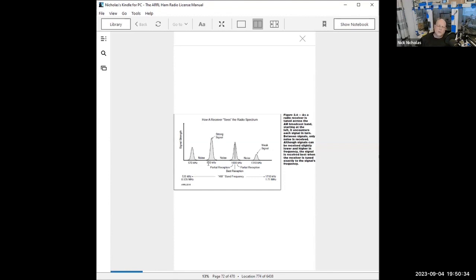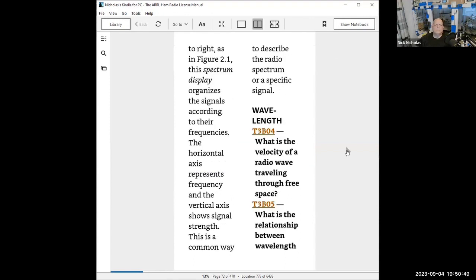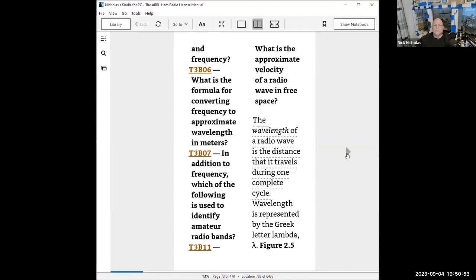The information it's carrying is the audio or digital signal that you're trying to transmit, and receive. I'm going to skip over some of this because when I cover it, I'll get to it.